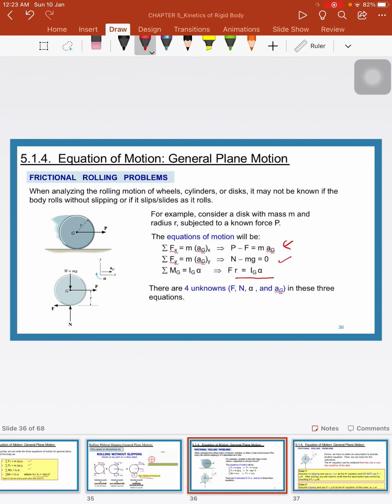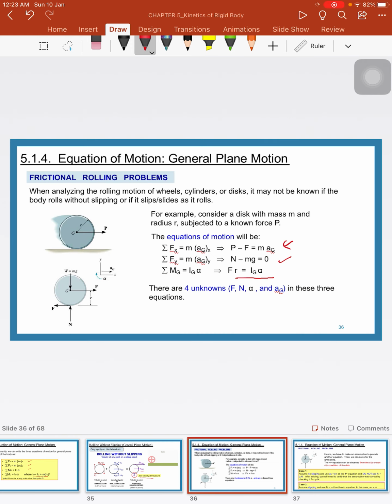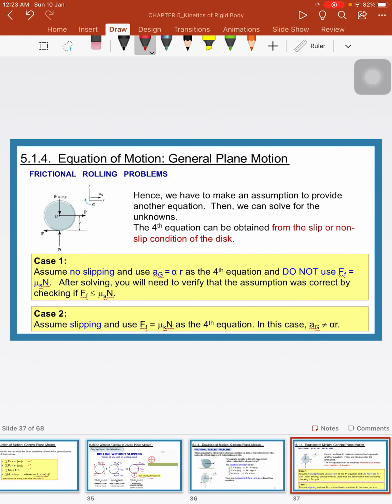So there are 4 unknowns, F, N, alpha, and aG in these 3 equations. Hence, we have to make an assumption to provide another equation, because we don't have enough equations to solve these 4 unknowns. Then we can solve for the unknowns.